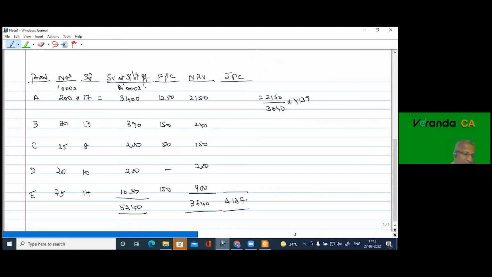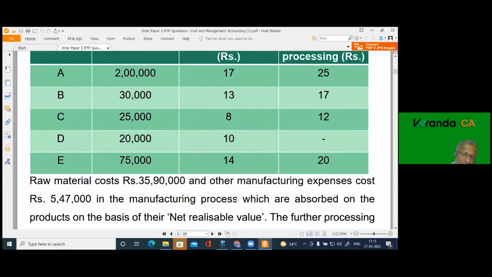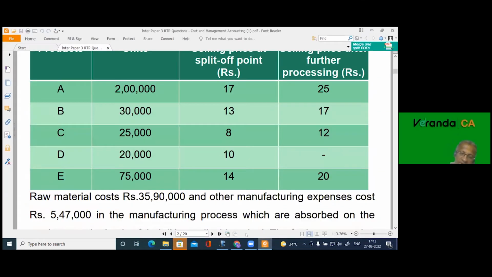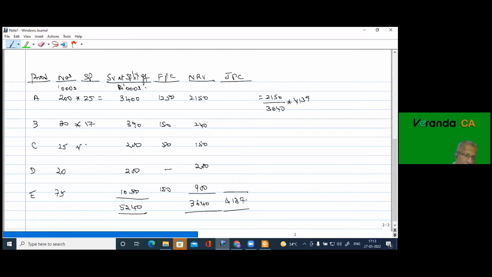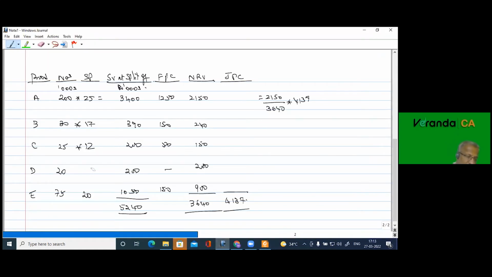Sorry, I just multiplied it with the wrong number. I took the sale value at split off point by mistake. It is 25, 17, sorry, 17, 12, and the dash means 10 only, as I had put in the diagram.